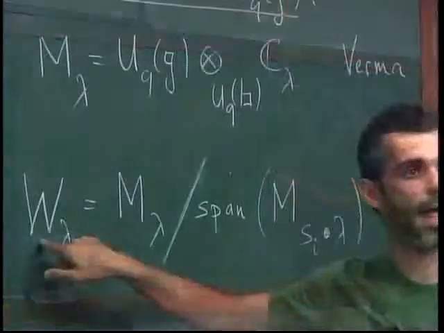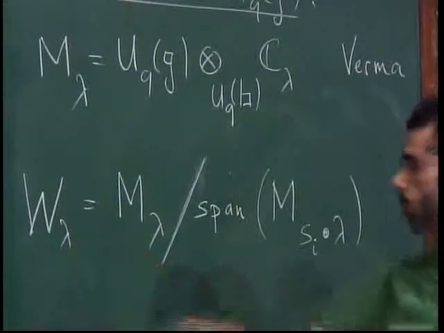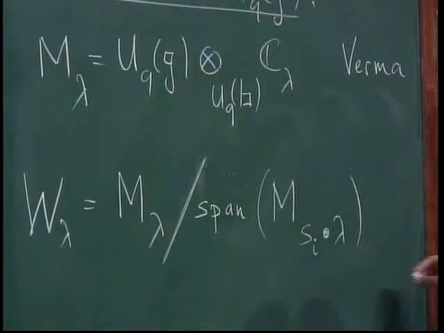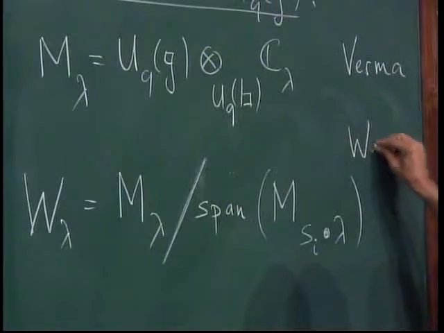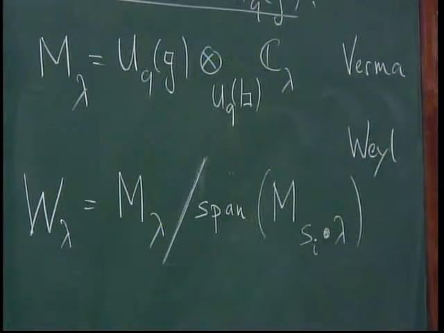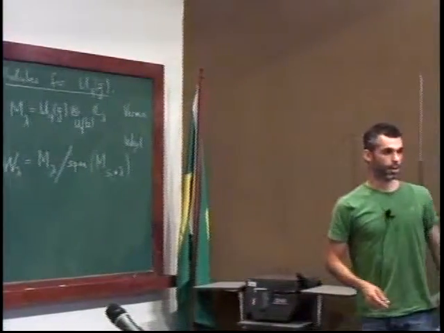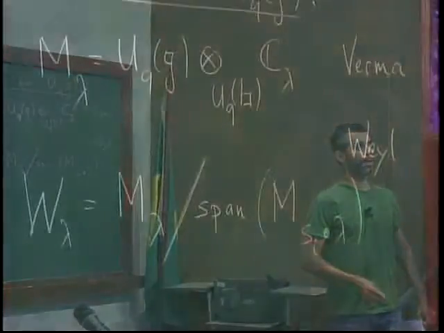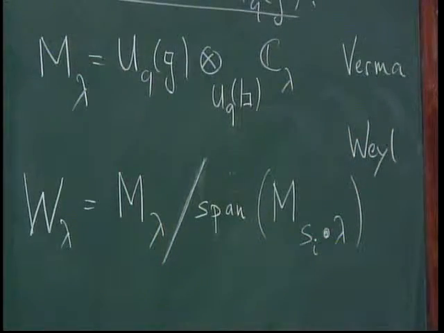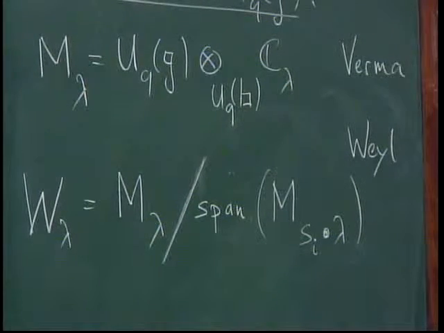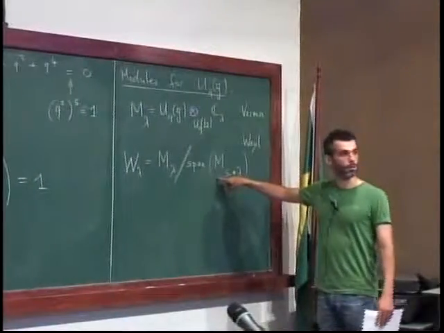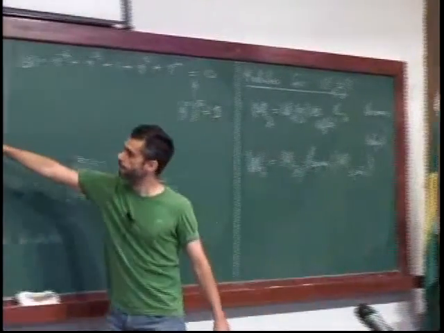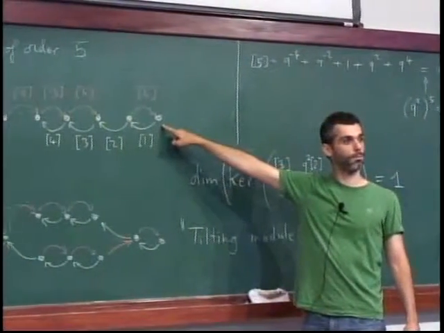Before I called these L lambda, and now I'm switching to call them W lambda. These are called Weil modules. And there's a reason why I do that change in terminology. It's because L sub lambda, well, it's standard notation in the field to call L sub lambda irreducible modules. And these things are no longer irreducible. This is an example of a Weil module.